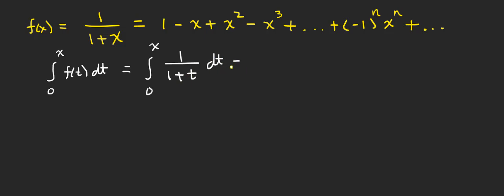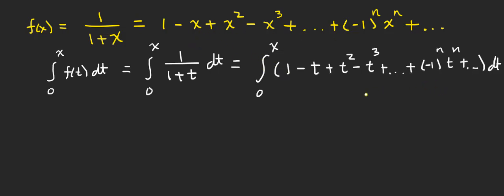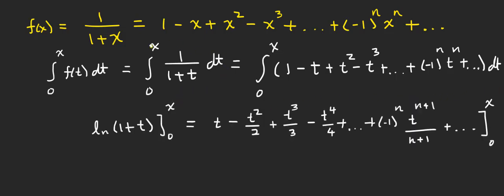And on the right side, it's going to be the integral from 0 to x. And instead of x, we have to change it to t. So you get this. The antiderivative of that will be natural log of quantity 1 plus t from 0 to x. And what about this part right here?